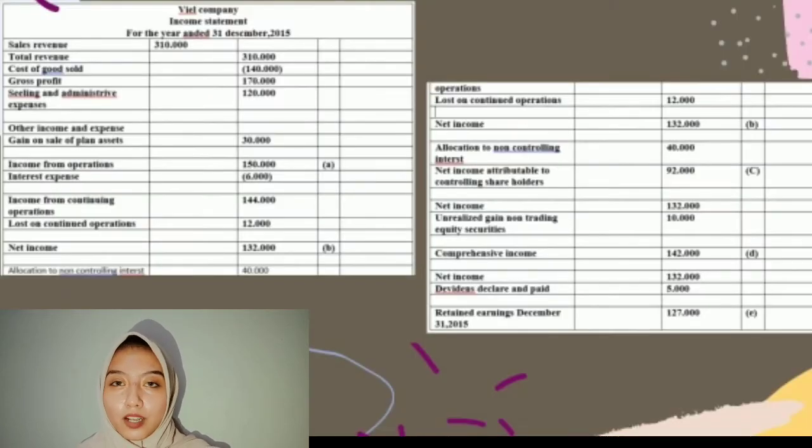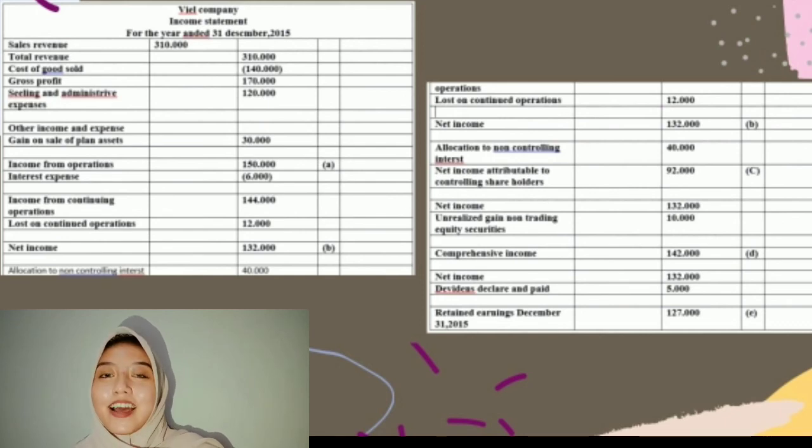First, we look for income from operation, that is, we calculate selling and administrative costs 120,000 plus other income and expense, namely the profit from the sale of brand asset 30,000. The result is 150,000, namely income from operation.